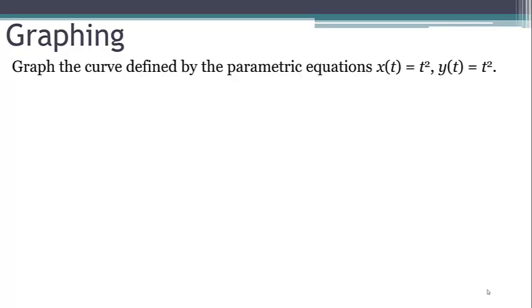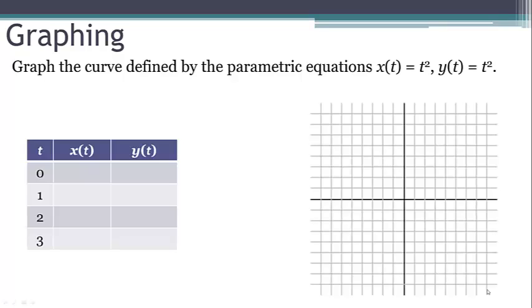Now, this set of equations is a little unusual. At first glance, you might expect it to have some kind of quadratic behavior based on the two quadratic expressions. But before jumping to conclusions this early on, let's take a look at some points. When t is 0, x of t is 0, and y of t is 0.